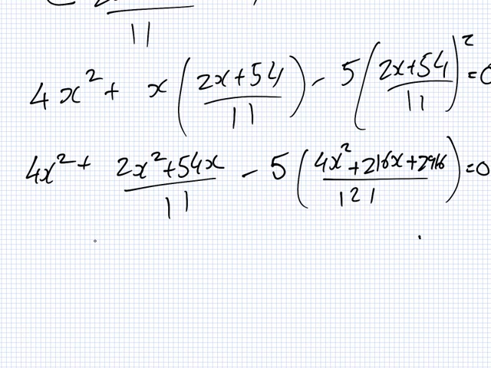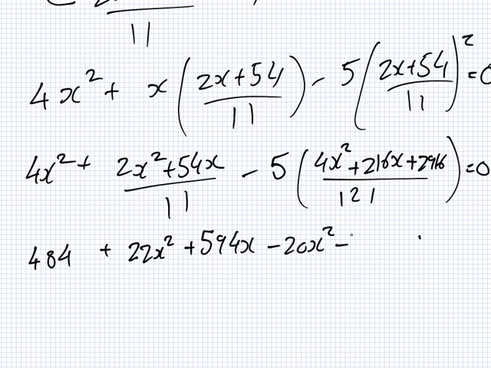So if I multiply everything by 121, I get 484 plus 22x squared plus 594x minus 20x squared minus 1080x plus something quite large at the end. 14,580.